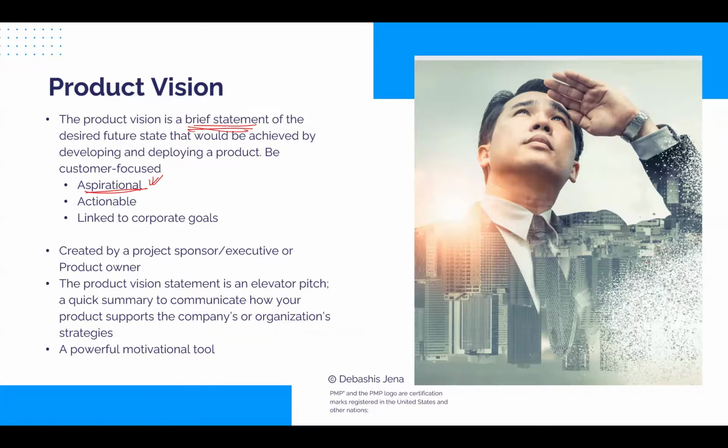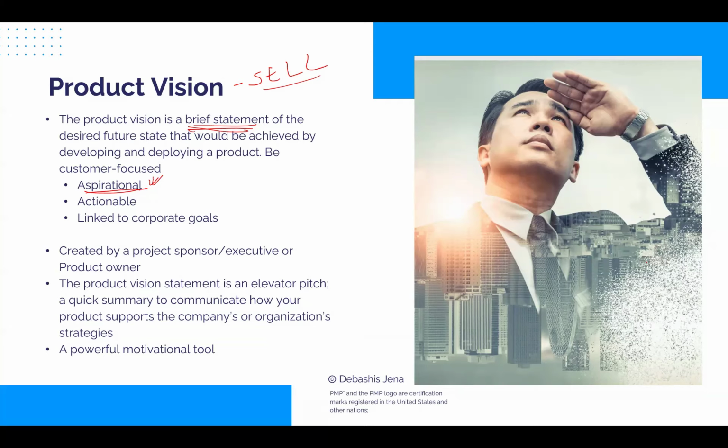Does it need to be aspirational? To understand that, you have to understand the purpose of the vision. What is the most important purpose of a vision statement? It is used to sell the project. A vision statement is used to attract as many stakeholders as possible. So it should be a promising future. If it is a weak one, it won't attract or motivate the stakeholders.